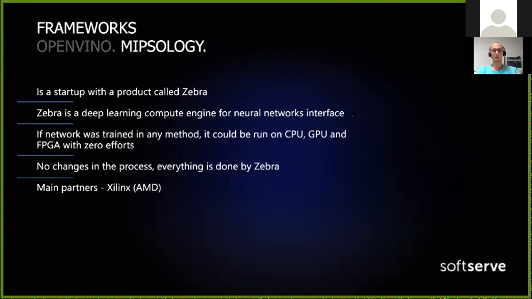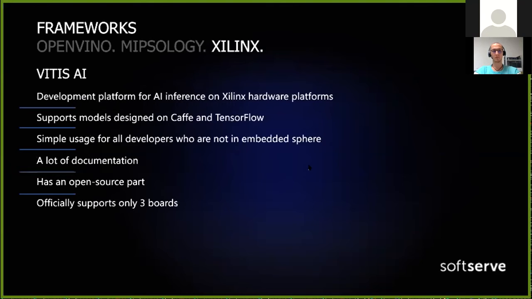And their main partner is Xilinx, now AMD, because AMD bought Xilinx. And they say that no changes are made in the process. Everything is done by Zebra, and the programmer should not modify his network to deploy it. And they say that accuracy loss is about 1 to 3%. That is not a huge difference.